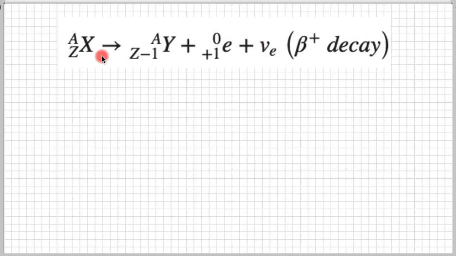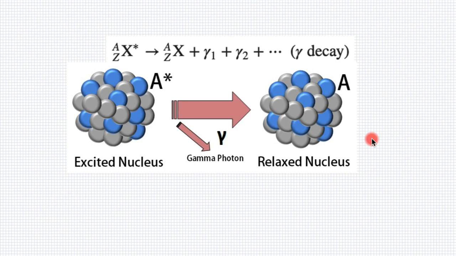Now, the equation that we would write, similar to the previous example we looked at, you can see here the proton number actually decreases by 1, Z minus 1, and we have this positron and neutrino that's actually released in beta plus decay. So the last kind of spontaneous decay is this gamma decay.